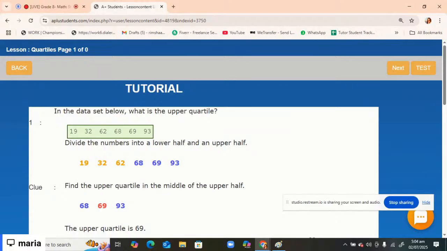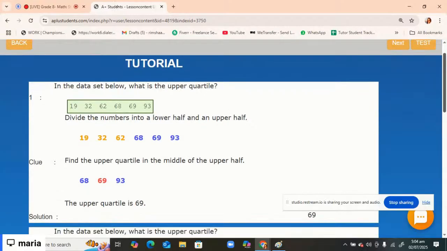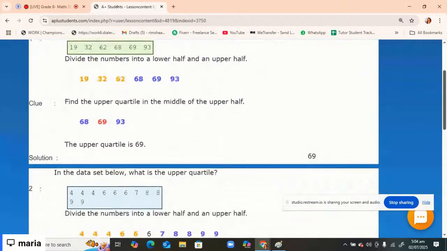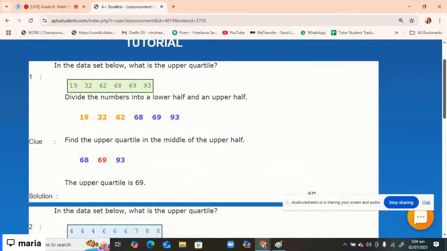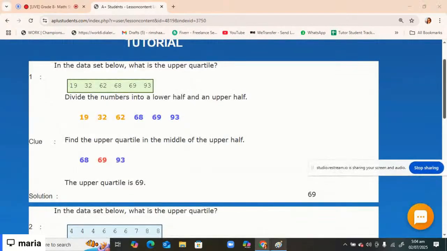We write down the upper half. This is 68, 69, and 93. Now the middle of these is called the upper quartile, that is 69. Let's suppose I write it down here.